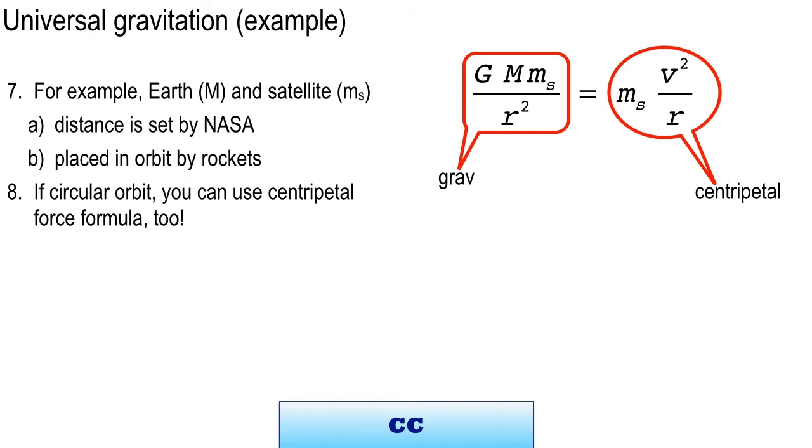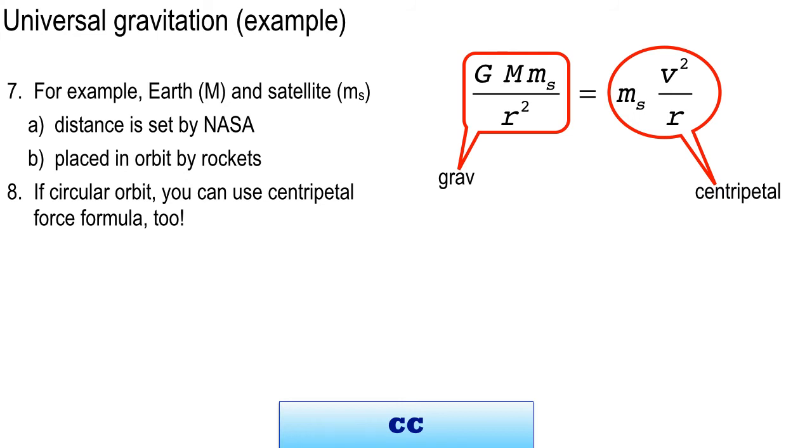Now, that centripetal force formula is not essentially part of gravitation. It can hold for anything on a horizontal tabletop moving in a circle, just as well. So there's nothing essentially gravitational, but because gravity does allow you to have a circular orbit, you can use it with gravity.